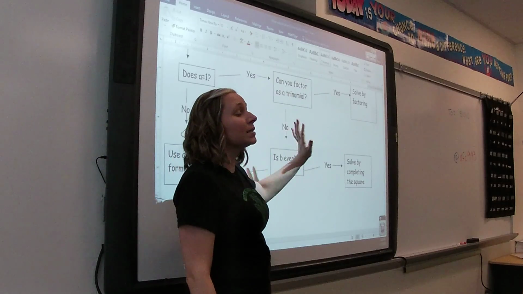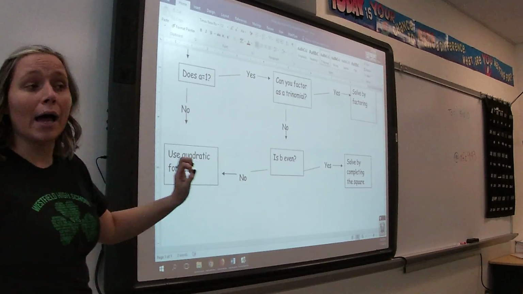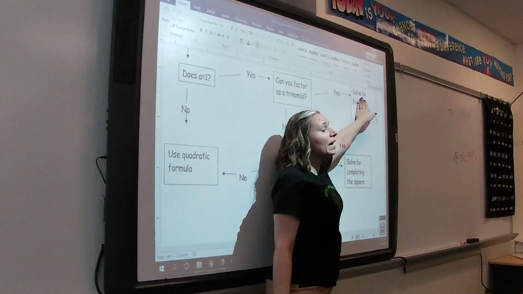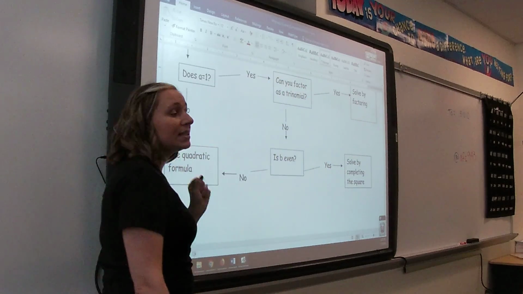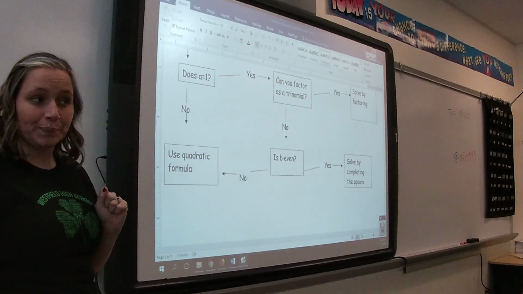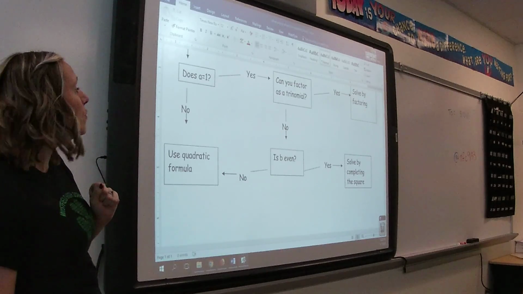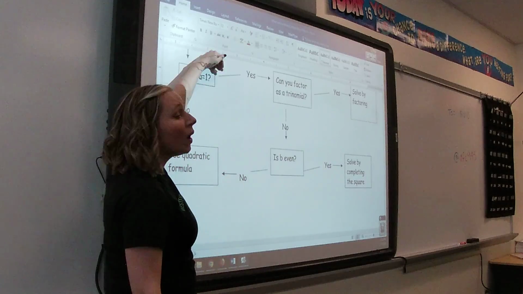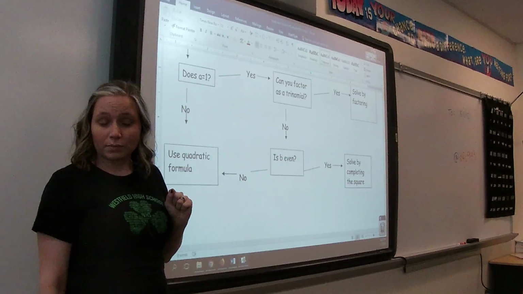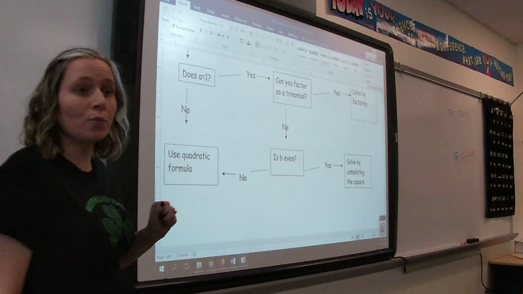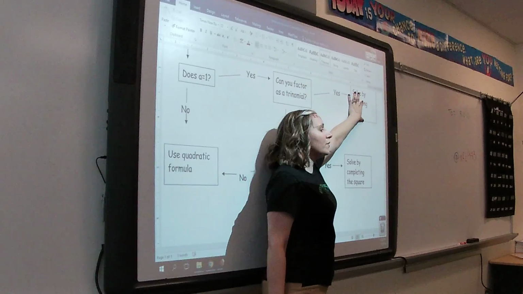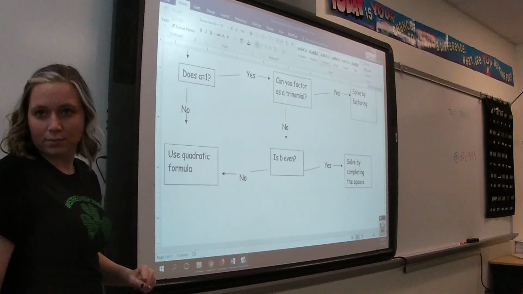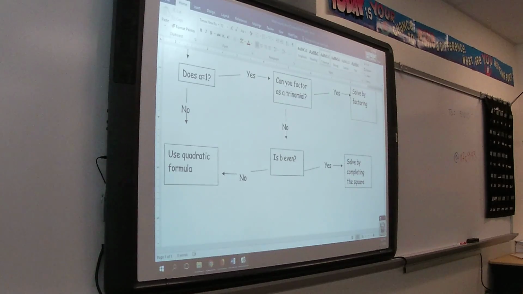If you're like, please, dear Lord, don't make me factor, I don't want to factor, you might be crossing this off your list and might not even consider this as an option at all. You might just be saying you're going down this way no matter what. Does that make sense? So you might be crossing off this portion of your graph and you might decide that you just want to go here. That's a preference.